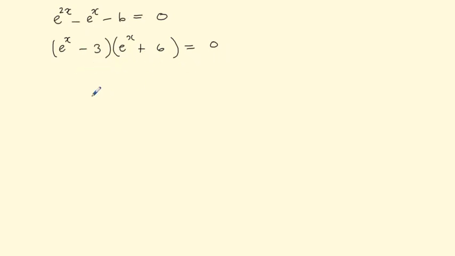Now, if we solve this equation, you'll simply say e to the power of x minus 3 equals 0, or e to the power of x plus 6 equals 0. And if you come to the first one, you can add 3 on both sides, and then you get e to the power of x equals 3.